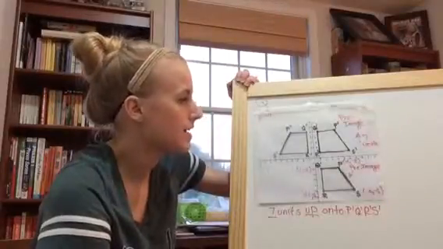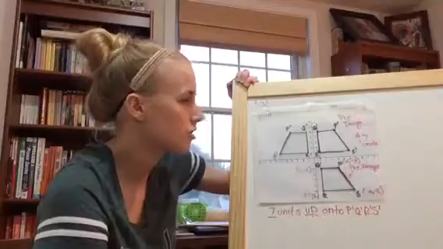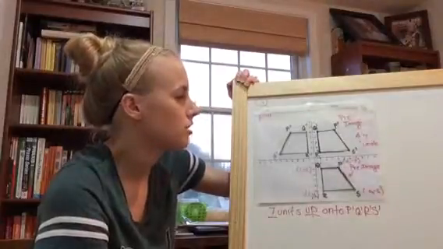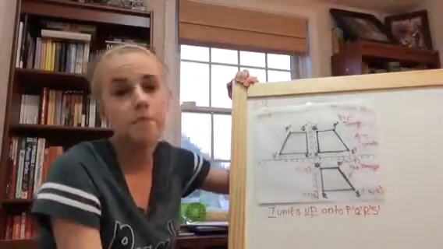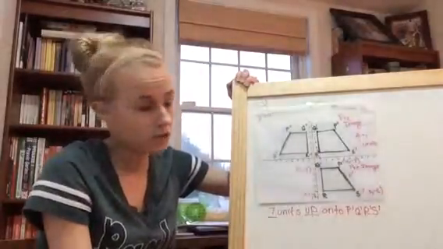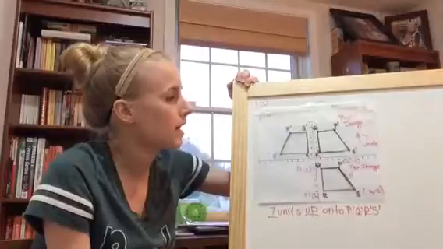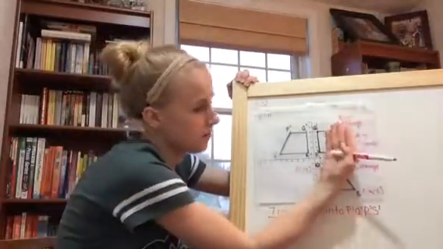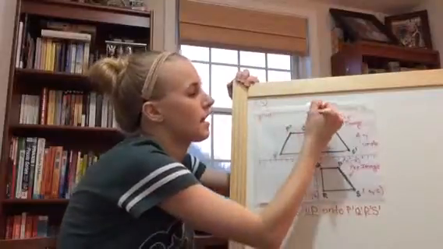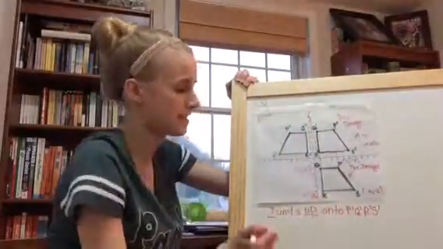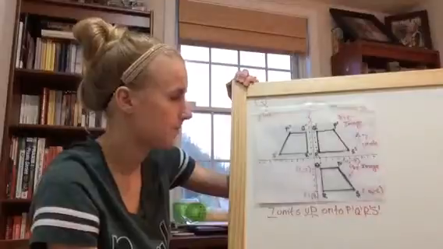It was not a dilation. It didn't shrink. It wasn't a translation because that would be a slide and it doesn't directly. So I'm left with a reflection. So if I look at it, because I'm going from here to here, I know that it is a y-axis reflection.